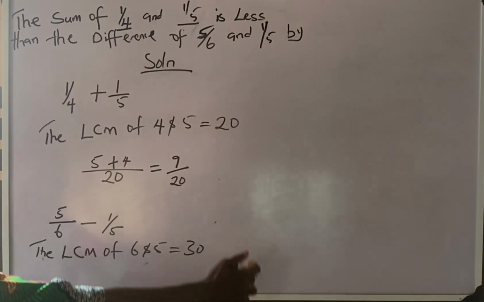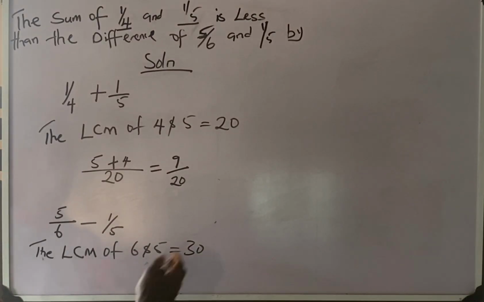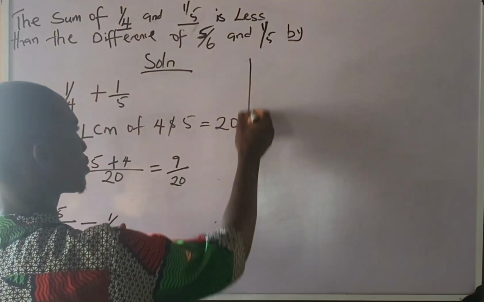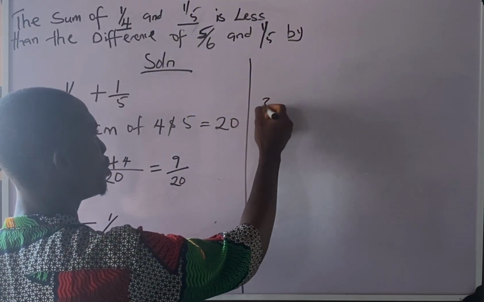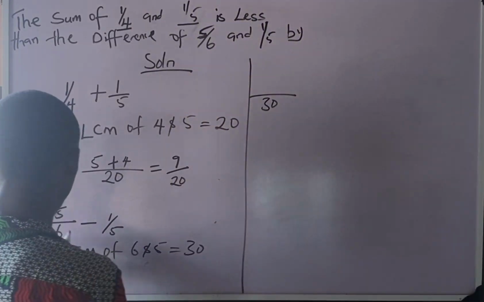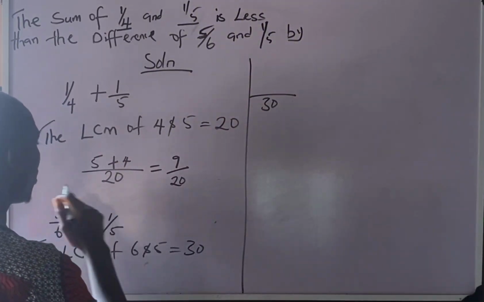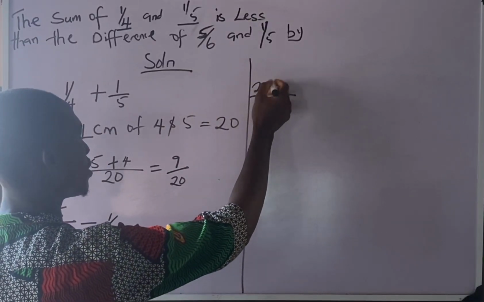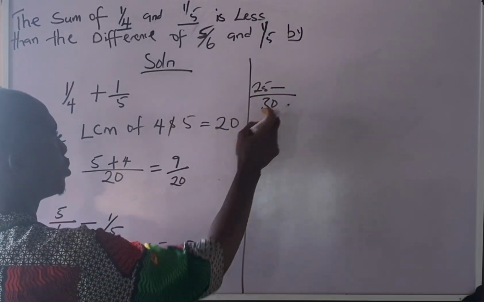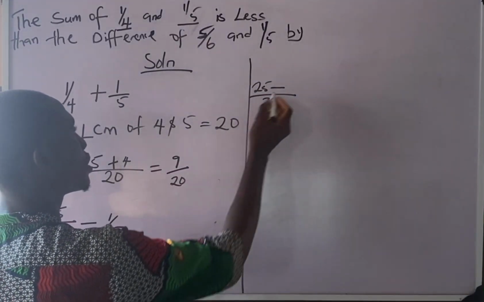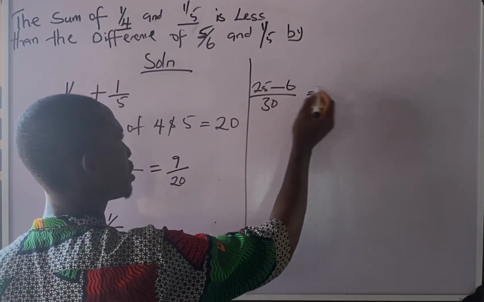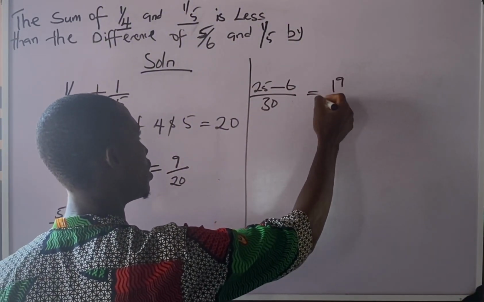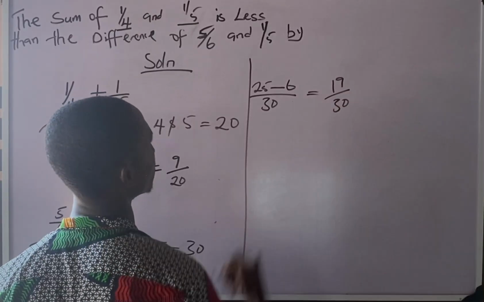If you go by the long rule, you still get the same. So 30 is our new denominator. 6 going into 30 gives us 5, and 5 times 5 gives us 25, minus 5 going into 30 gives us 6, and 6 times 1 gives us 6. So 25 minus 6 gives us 19 all over 30.